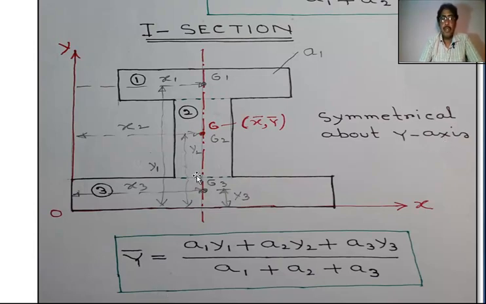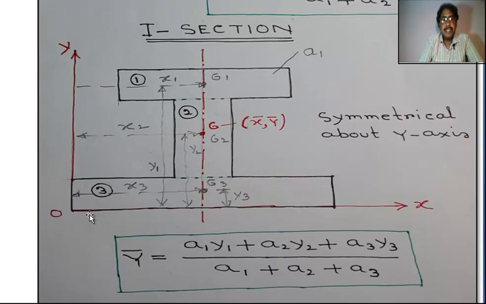Here the total section is the I section. Total section CG is capital G. This is x bar, y bar. Here x bar is fixed. X bar means distance from the y-axis.